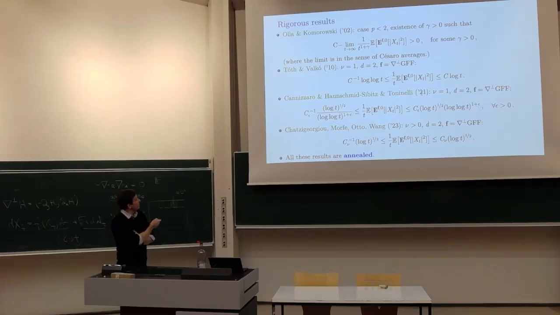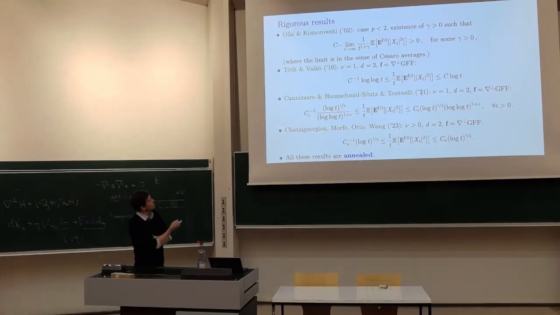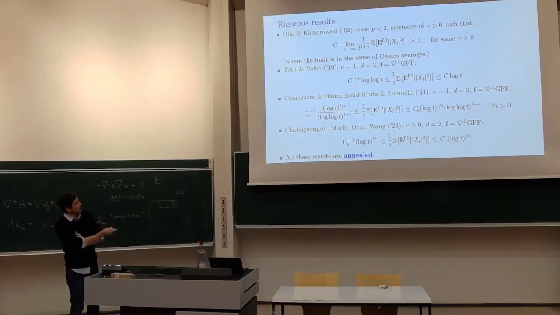So then in more recent years, there's been kind of a series of papers that get, in the critical case, p is equal to 2 in dimension 2, improve the results until we have the predicted result of t squared of log t. I divide this by t.